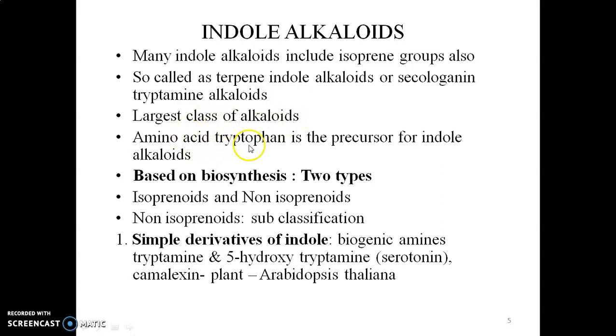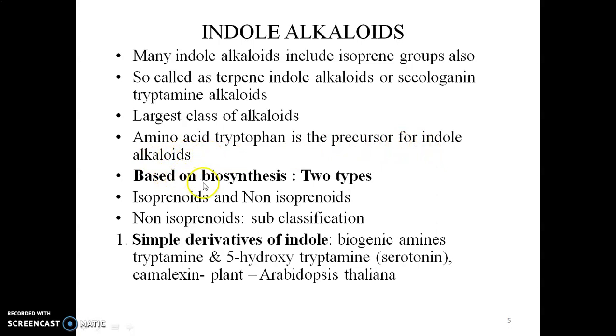The amino acid tryptophan is the precursor for the indole alkaloids. They are synthesized in the plants from the amino acid tryptophan, which is the precursor for their biosynthesis.